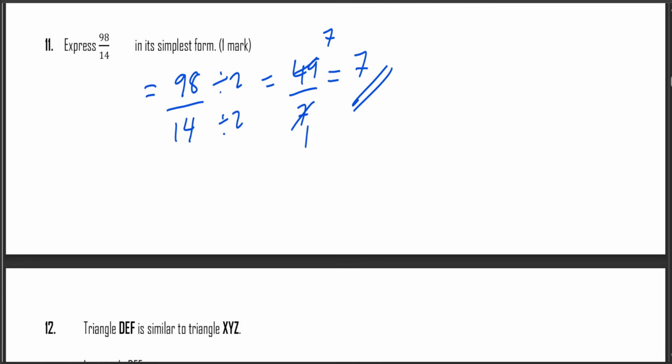Oh, that is why it's only 1 mark. By the way, you can use a calculator for this, but oh no, now we've already answered it.